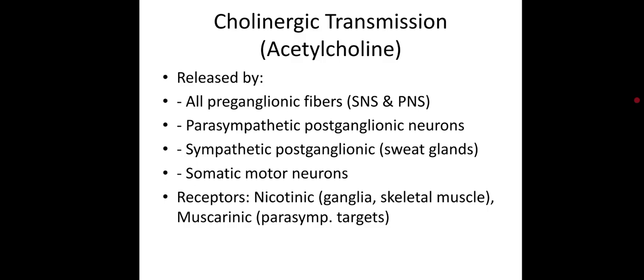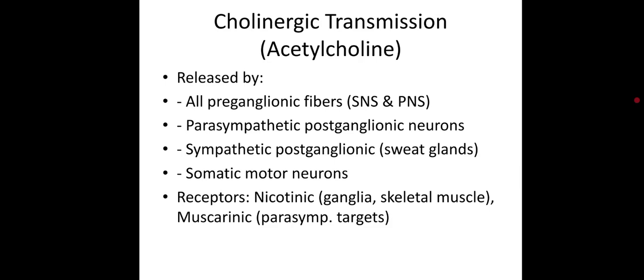Now comes the cholinergic transmission. Innervated are regulated by acetylcholine. So acetylcholine, our cholinergic transmission, can be followed by all preganglionic fibers, but either it is SNS or PNS, it doesn't matter. Acetylcholine will be utilized as a neurotransmitter in the SNS and PNS in all preganglionic fibers.